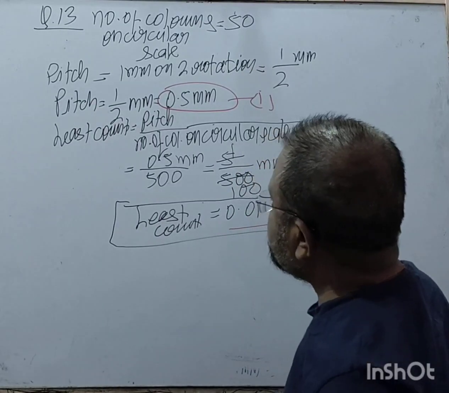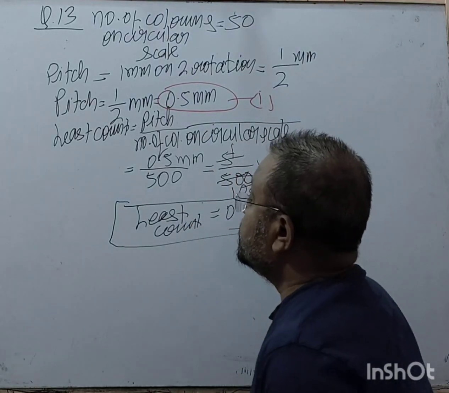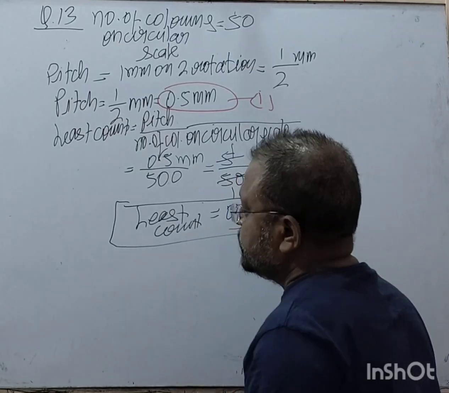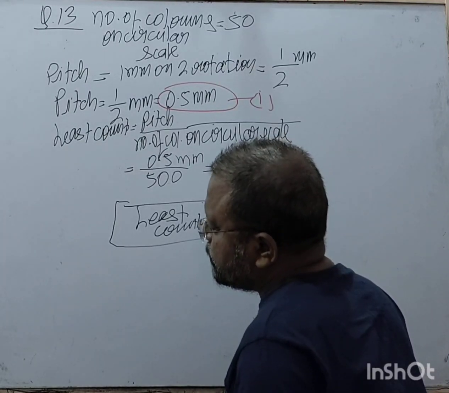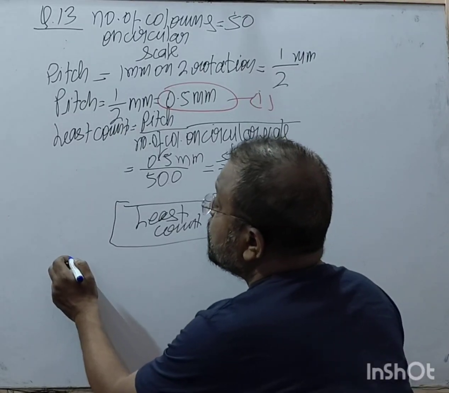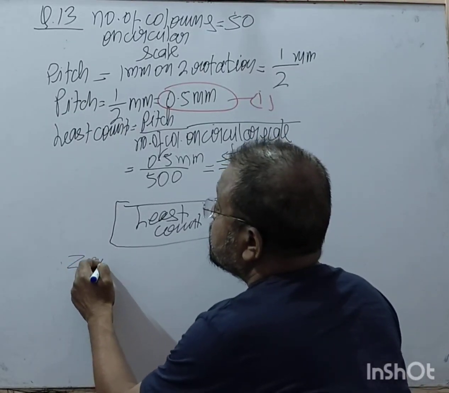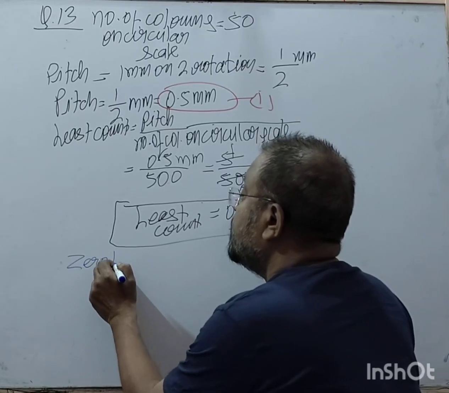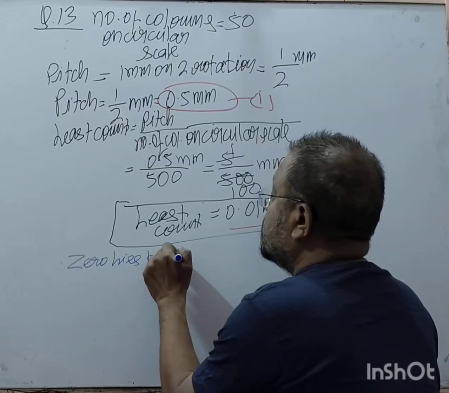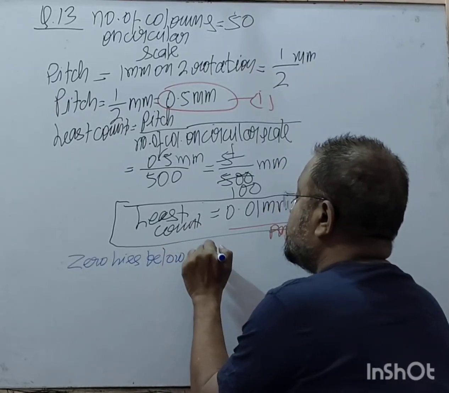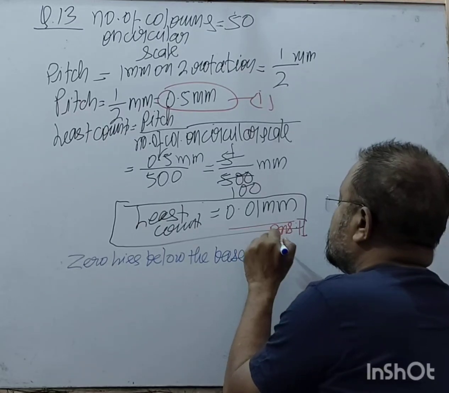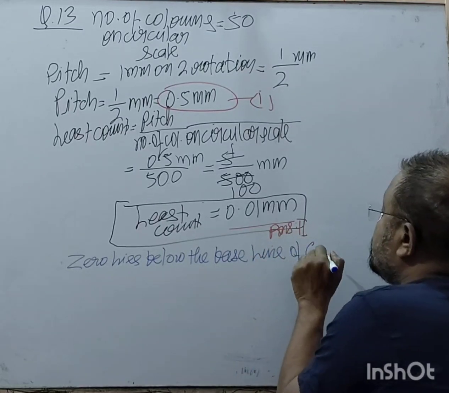So what is zero error? Zero error means, what is it saying? The zero of the circular scale lies below the baseline and the 4th division of the circular scale coincides. Zero lies below the baseline of the circular scale.